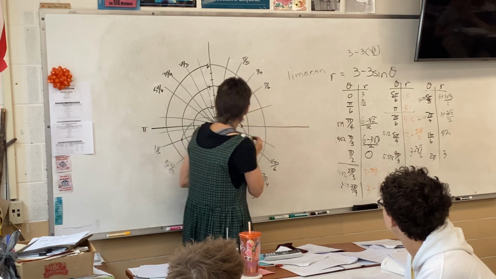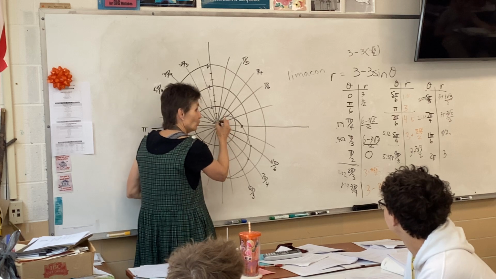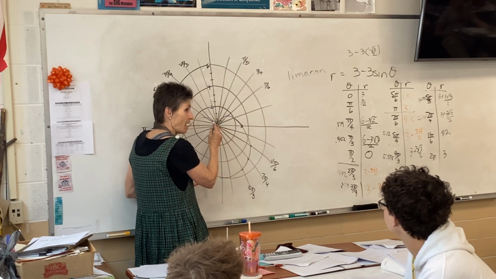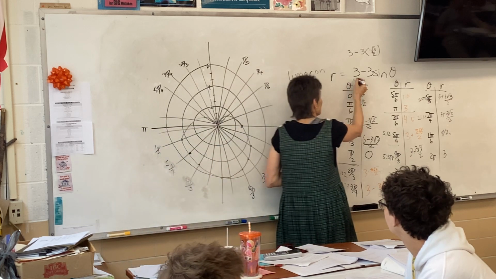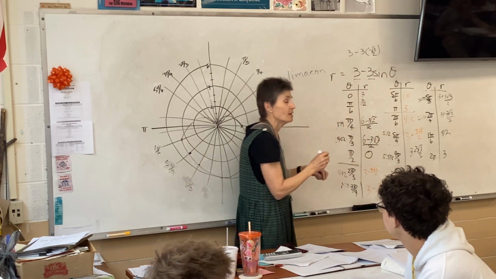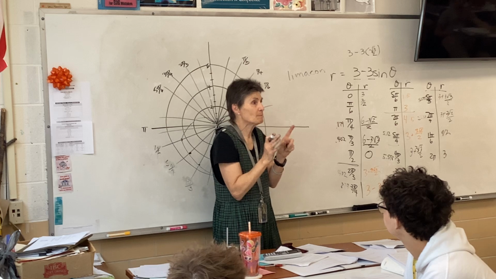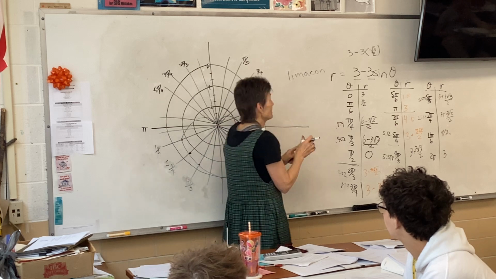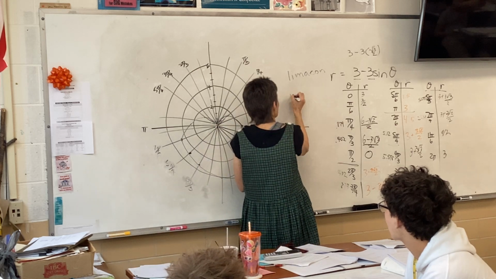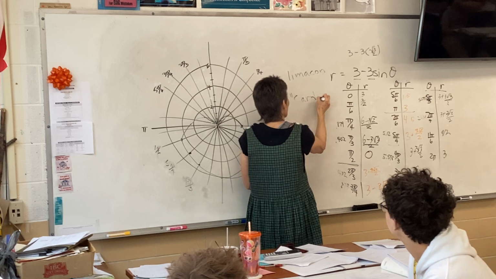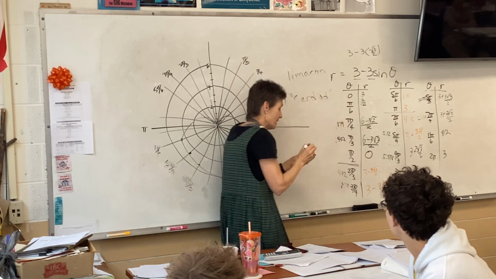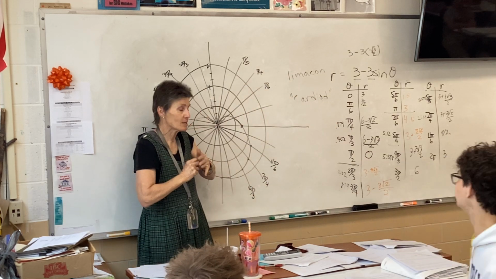Some of them will have an interior loop in them. This one does not, because these 2 numbers match. One's positive, one is negative, that's fine, but they are the same number. When that happens, you have a special limaçon called a cardioid. So this is a cardioid.